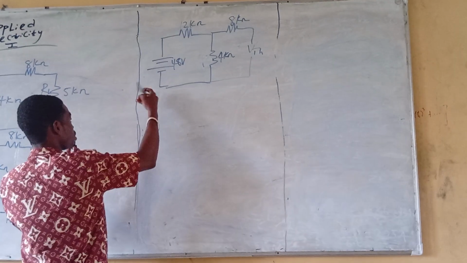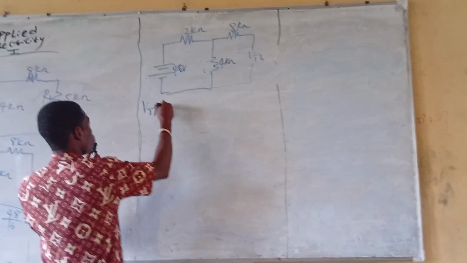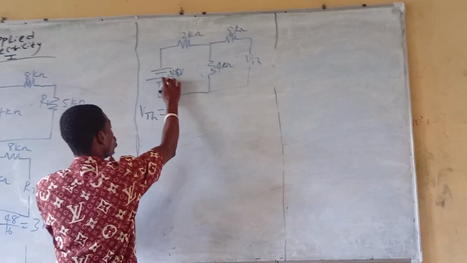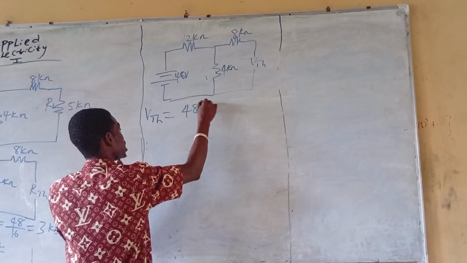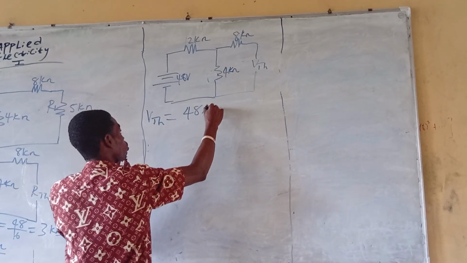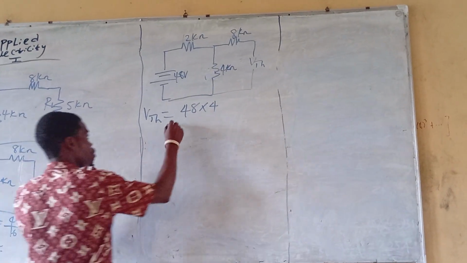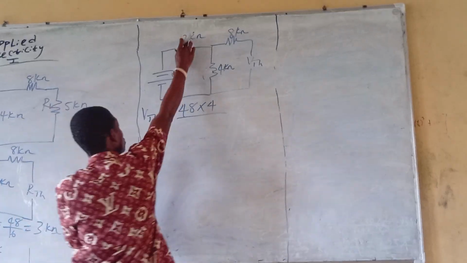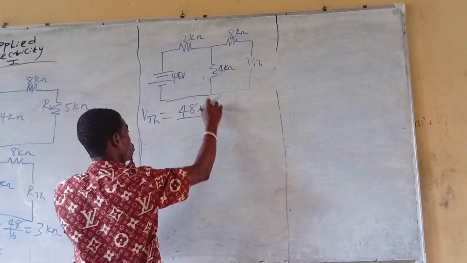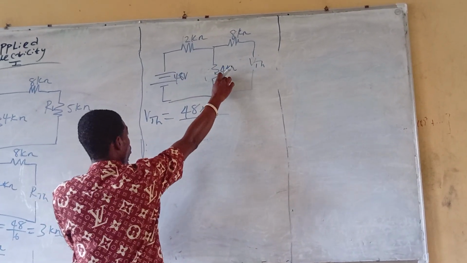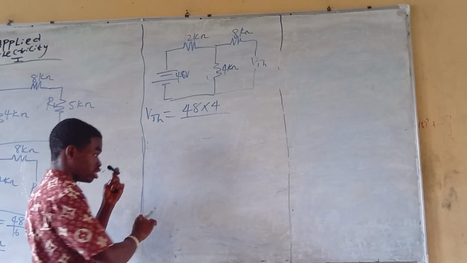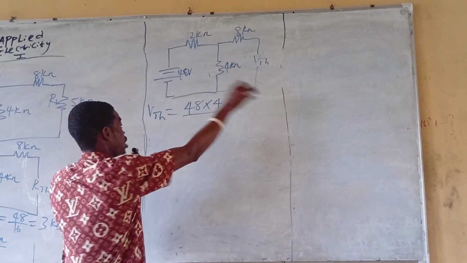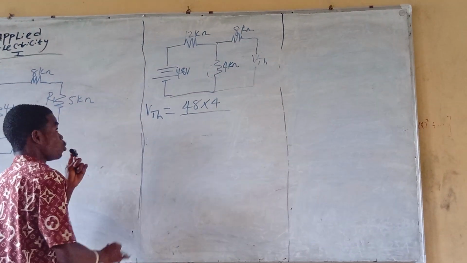So our VTH will be equals to the total voltage 48 times 4, divided by, if it was 12 kilo ohms facing here, it would have been times 12, but this is 4 here. So it's focused on the opposite resistance. Understood?